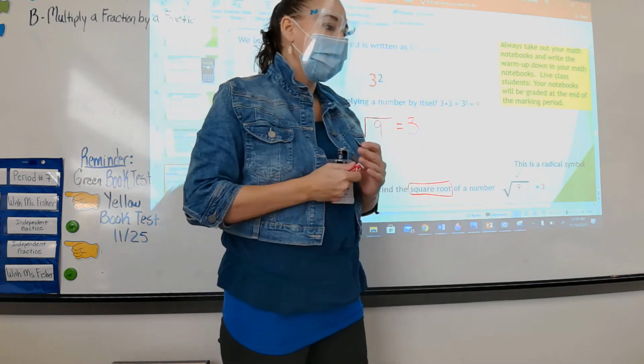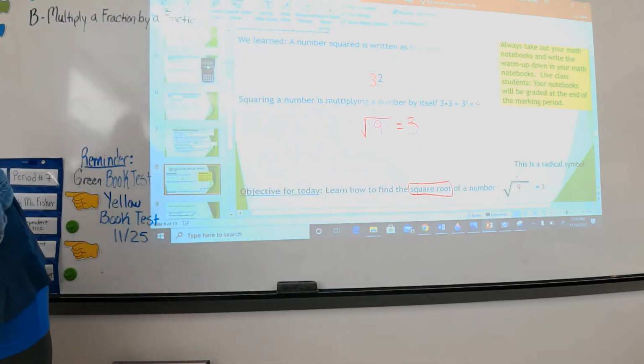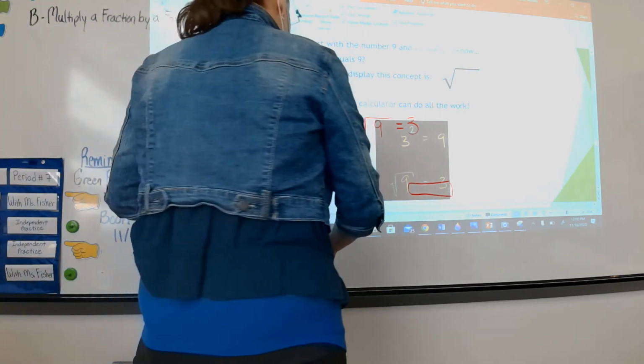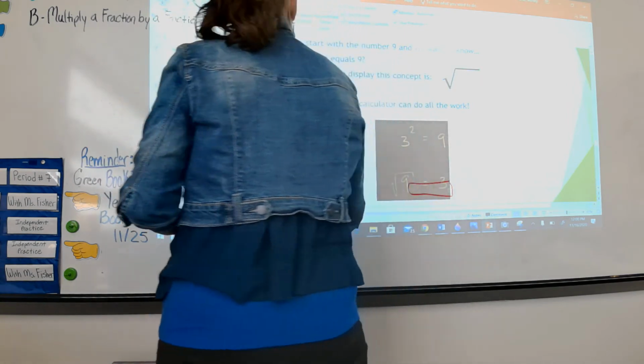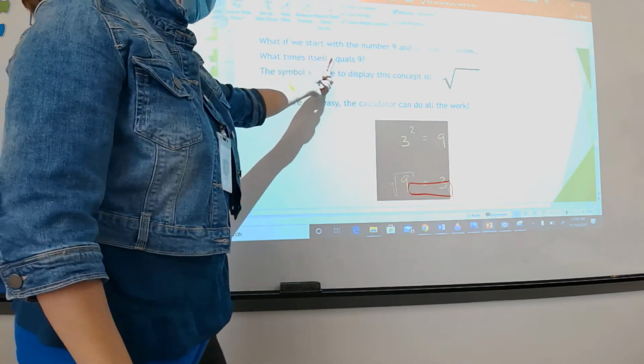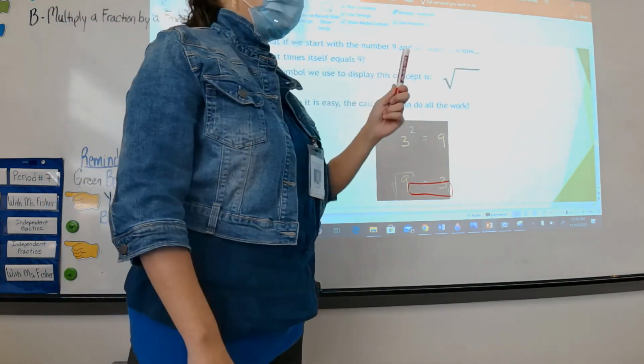Now, we're going to utilize our calculators. Again, this whole lesson is calculator based. So this is another way to think of it. When you're doing a square root, it says, what if we start with the number 9 and we want to know what times itself will equal 9?